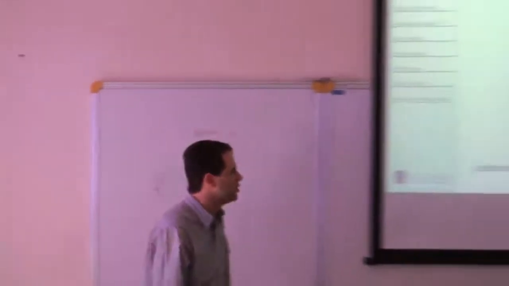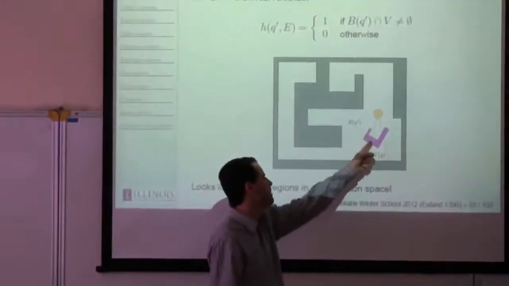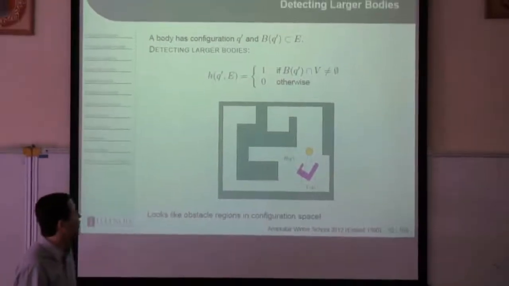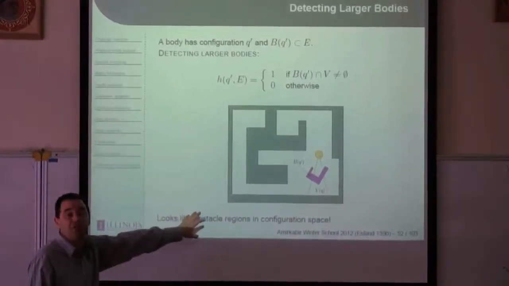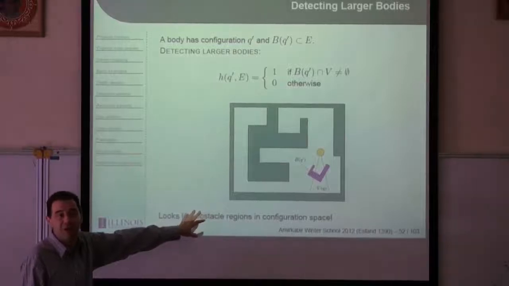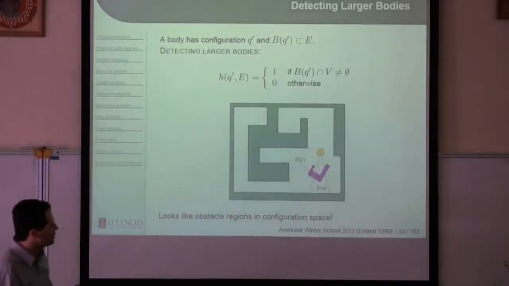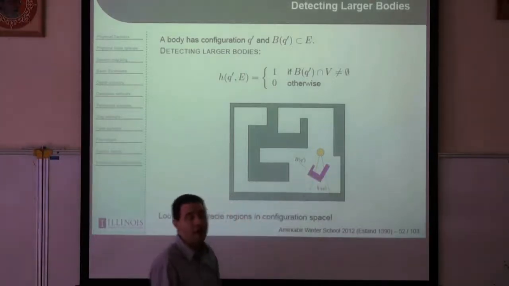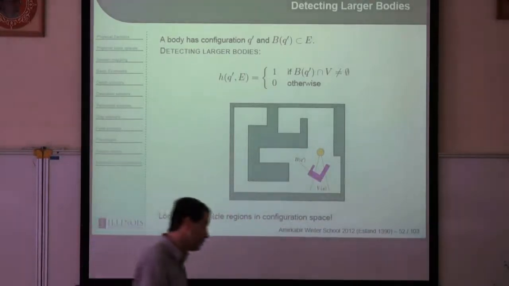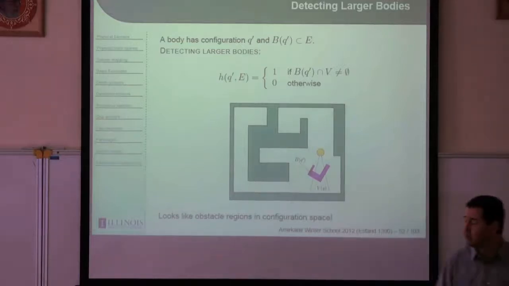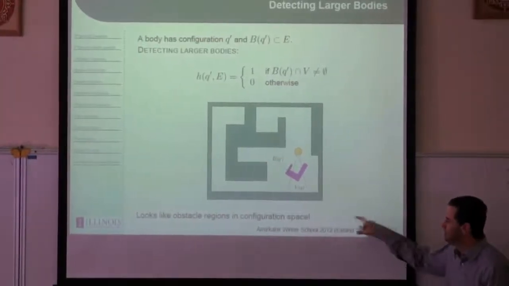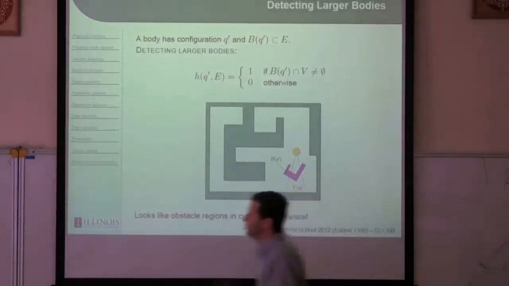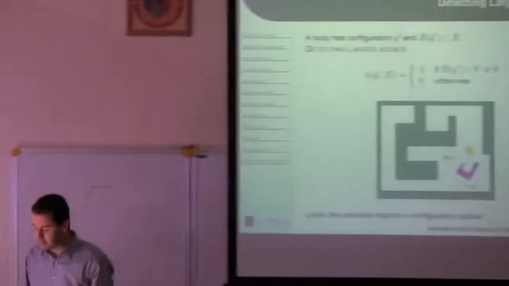If you get up to the case of larger bodies, as I said, then you have this problem that you could be partially in or partially out of the sensor, right? The body could be partially in or partially out. That starts to look complicated, like obstacle regions in the configuration space. I'm not going to do very much with that in this tutorial, but I just want to point out that if you want to extend these models to consider complicated bodies that you're trying to detect, and you want to figure out if they're partially detectable or fully detected or not detected at all, then you may be stuck with these configuration space kinds of complications, because there's a configuration space implicitly in here due to the configuration of the robot.